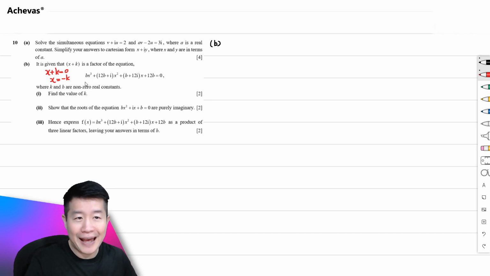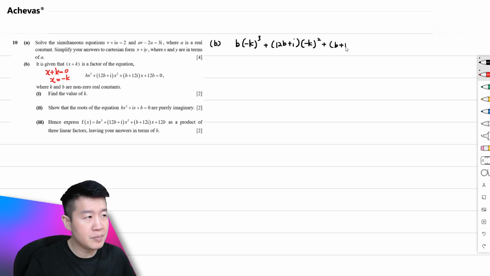So letting x be equal to minus k, because minus k is a root of this equation, we will have a b of minus k cubed plus 12b plus i of minus k square plus b plus 12i of minus k plus 12b. This is equal to 0.